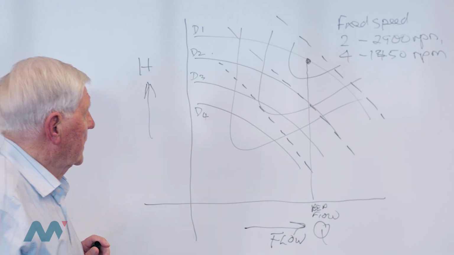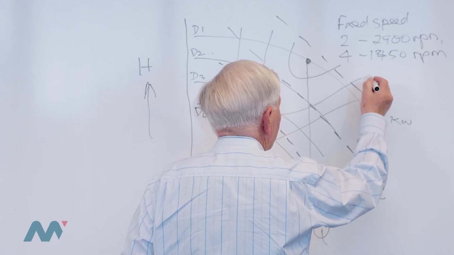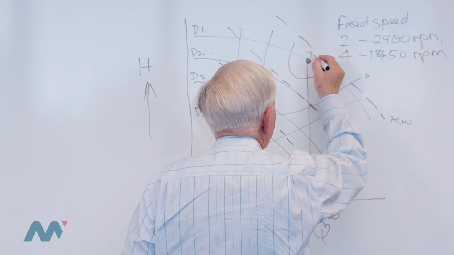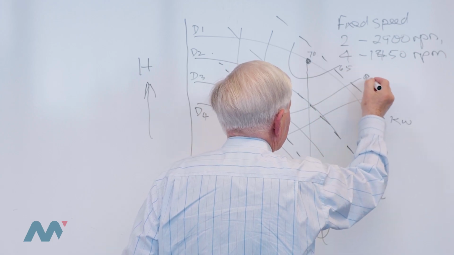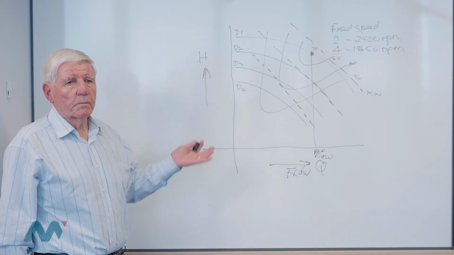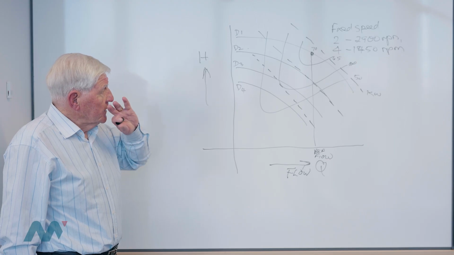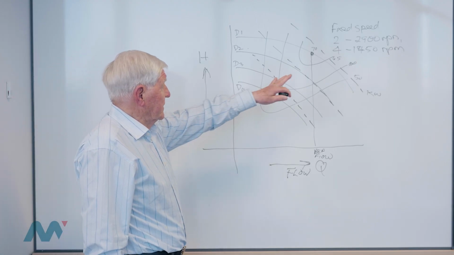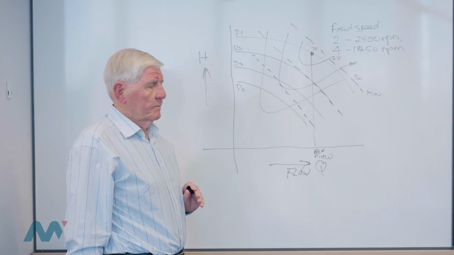Okay? So here we've got kilowatts, and here we've got efficiency. Let's say the premium efficiency might be 70%. This might be 65, 60, and 50. That's typical of the sort of parameters that you would have on a pump curve. So what's the significance of this information? This information, as I said, is for a fixed speed, but with varying impeller diameters.